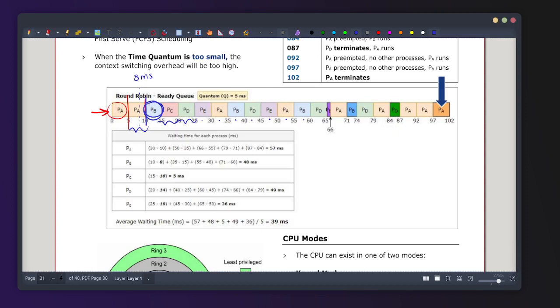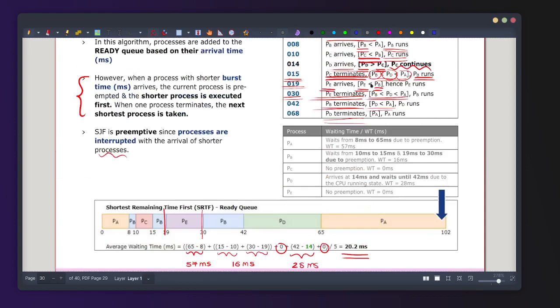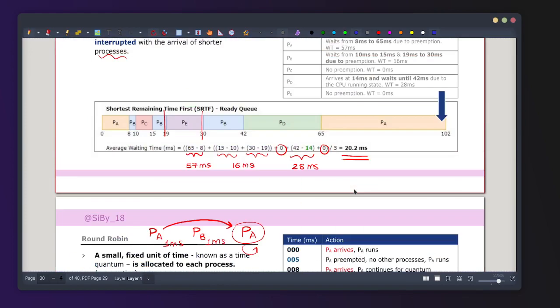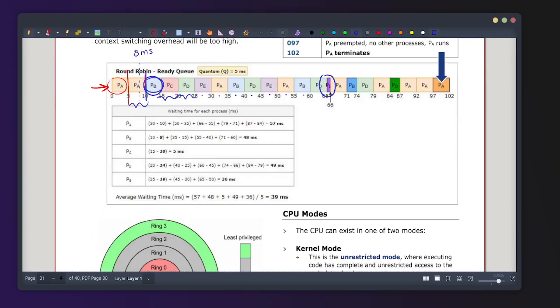But notice, at this point, process E is taking a very short amount of time. If you realize, process E's burst time is exactly 11 milliseconds. So if you think about it, looking at this diagram, guys, process E allocated itself 5 milliseconds here, another 5 milliseconds here, so altogether 10 milliseconds already gone.